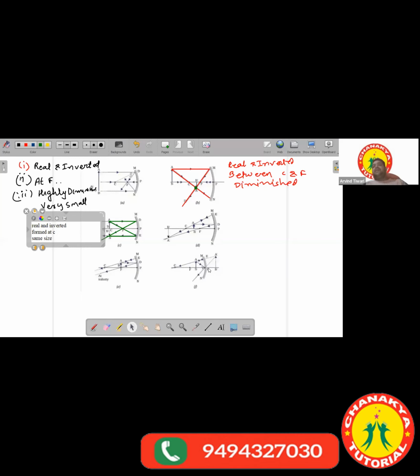Okay. Now we can check, there are just two ray diagrams with the convex mirror. A convex mirror always forms a virtual and erect image. Let us see the image formation by a convex mirror.